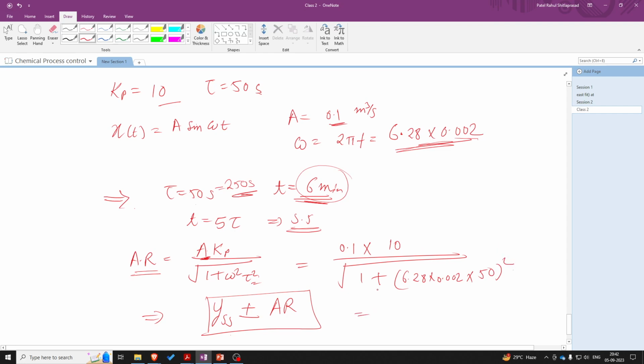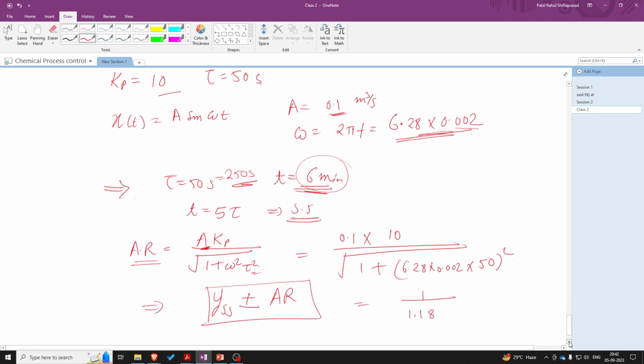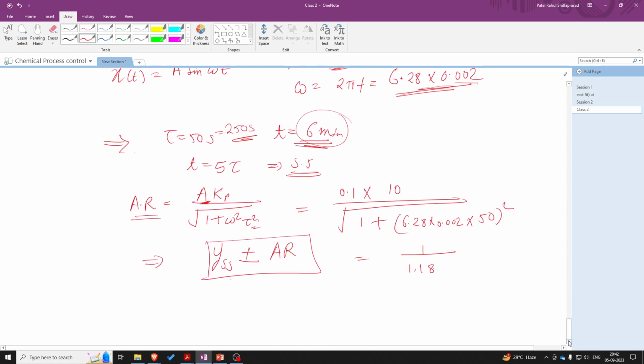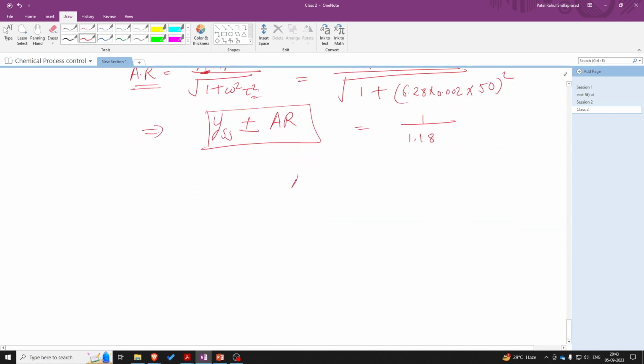So ultimately you can calculate this and it will become 1 upon 1.18. That is, the amplitude ratio is 0.85.